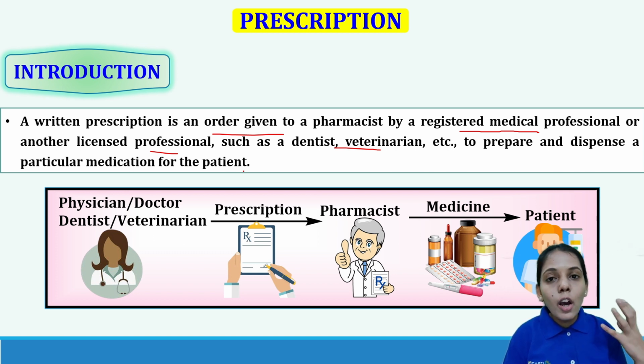So actually this is the role of the pharmacist, to prepare and dispense the medication to the patient. So this is an order, and we are going to see its different parts. It is written by a registered medical practitioner or any other authorized person, who will write properly whatever has to be dispensed to the patient.